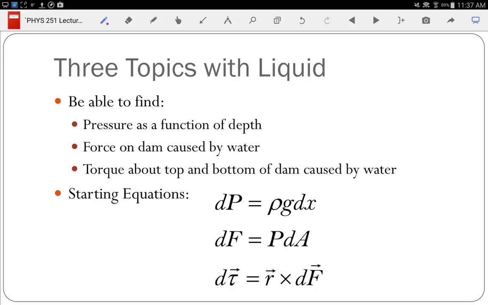You could then have the one calculating the force that's placed on a surface. It's pressure dA, and you have to integrate over the area of the surface. Now remember, the way we did that in class is we said, okay, we have dA, but the pressure is the same at the same elevation. So I made my area the width, all the same elevation, times some dy change in height.